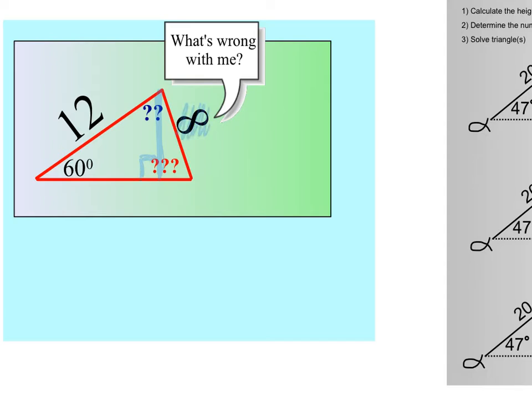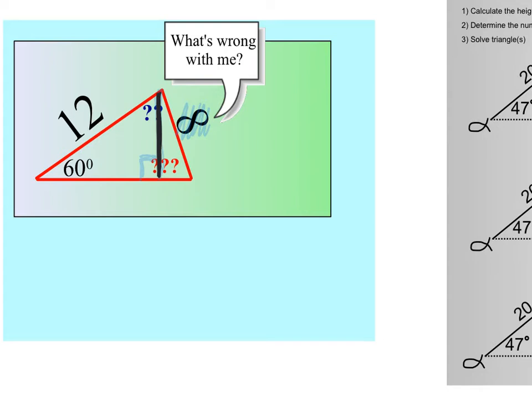Figure out what that side would be. Compare with your partner on what you think that length would be. Remember, if it's a right triangle, a lot of easy things work, like sine, cosine, tangent of 60.